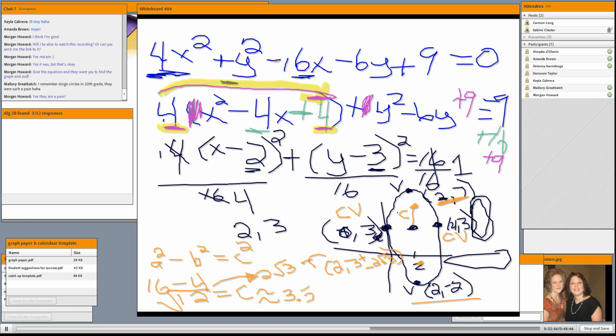All right, so let's do a circle problem where they give the equation and you have to do the graph. Circles are really no big deal.